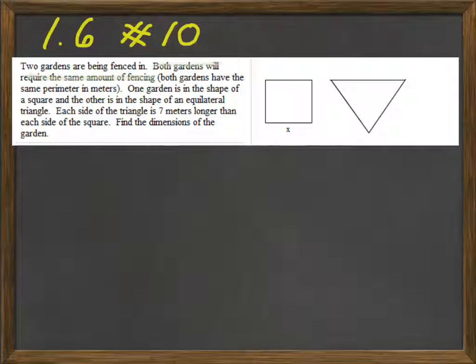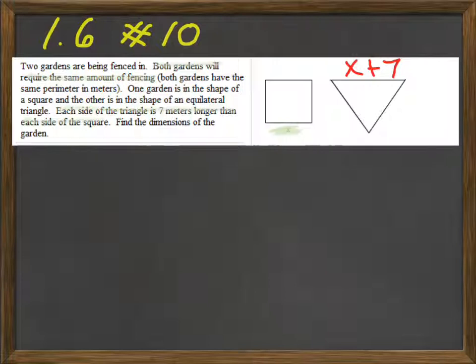There's one other helpful thing in here, and it says each side of the triangle is 7 meters longer than the side of the square. So if we look at their labeling over here, they've already labeled the square as having a side length x. So if the square has a side length of x, then each side of the triangle has to be x plus 7.